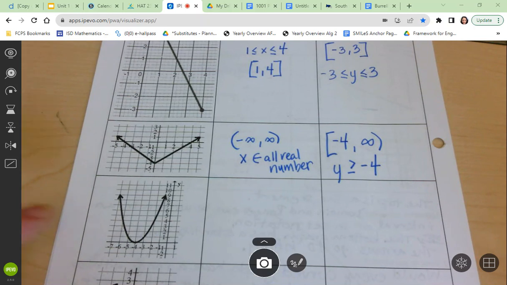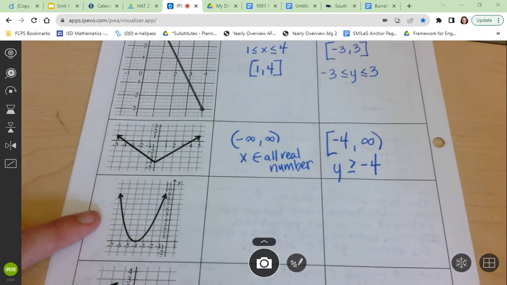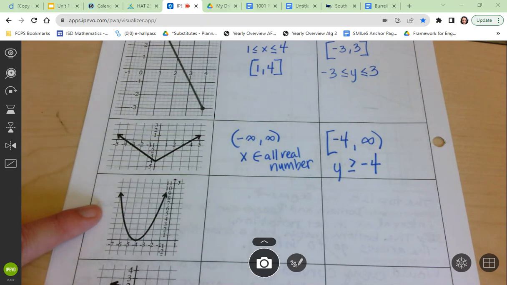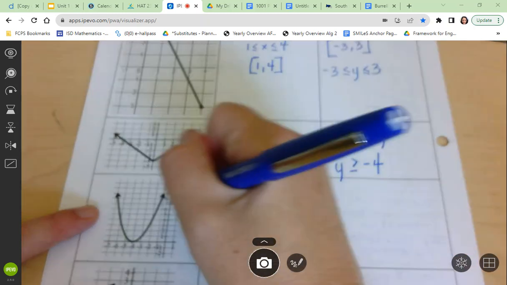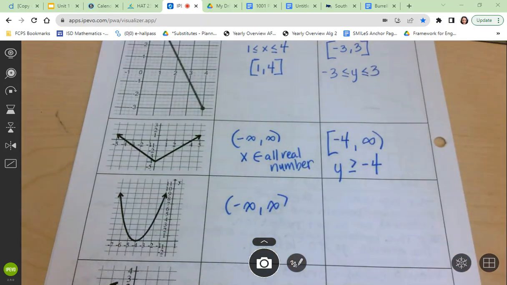All right, number 3. Raise your hand if you want to share the domain. Who has the domain? I see 2 hands. Hey, Chase. Anybody else? All right. Daniela, what'd you get? Yes, another negative infinity, comma infinity, because it's going out to both sides. Very good.